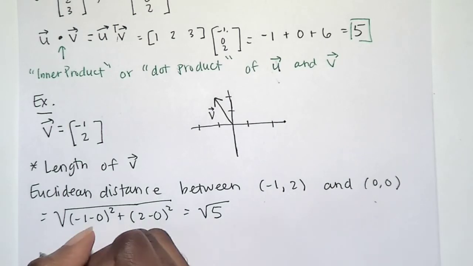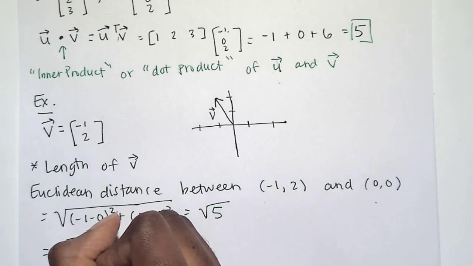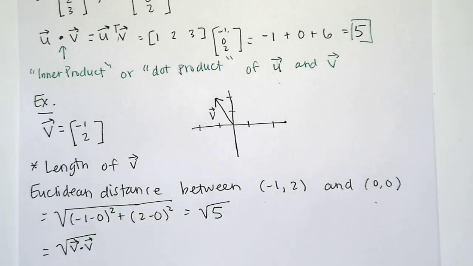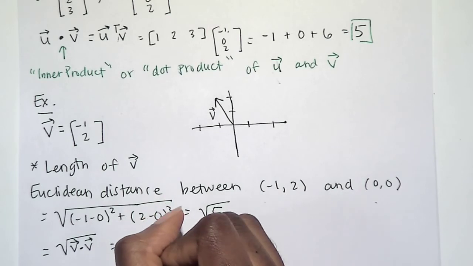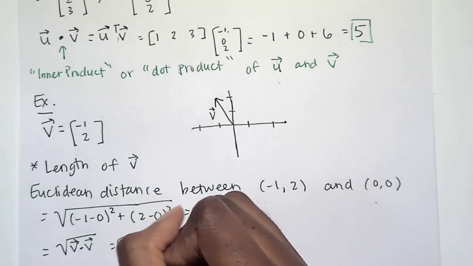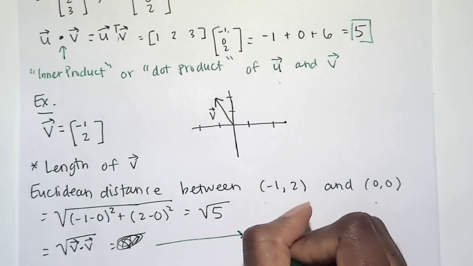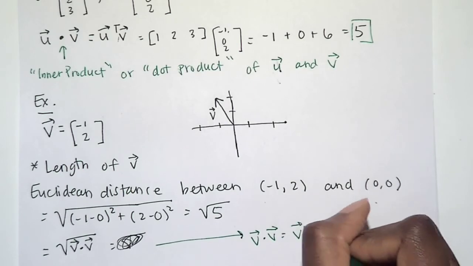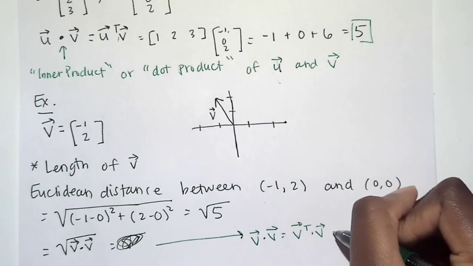Also, notice this is actually the same as the square root of v dot product with itself. If you take the dot product of v with itself, you're going to get 5. So square root of 5. Maybe I should work it all out so you guys can see it. So this is v dot v, which the way we do it is we do the transpose of v times v.